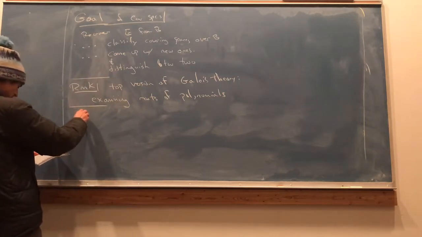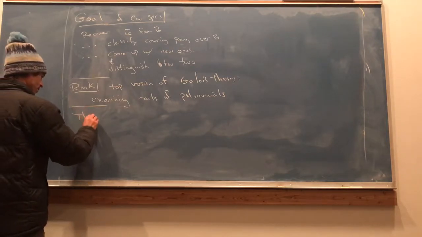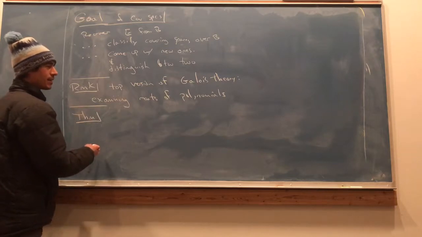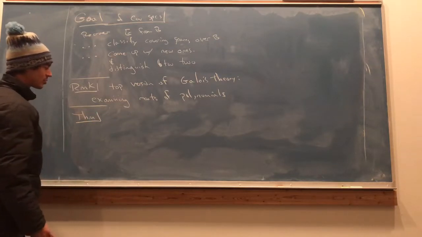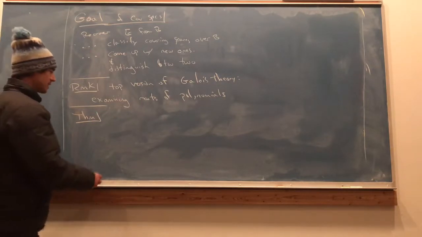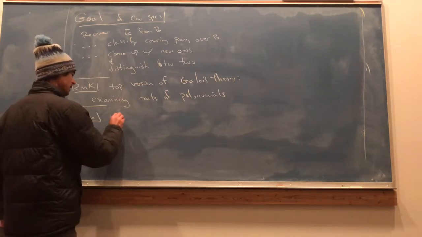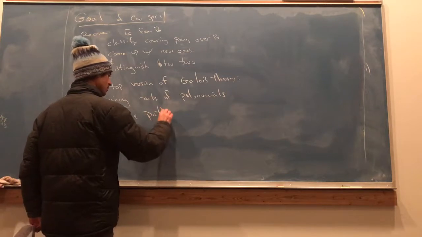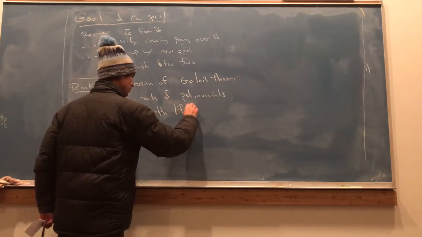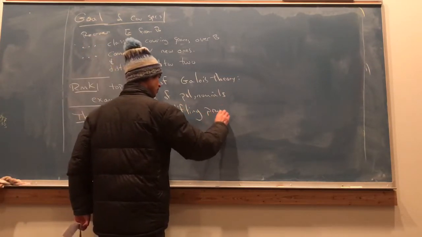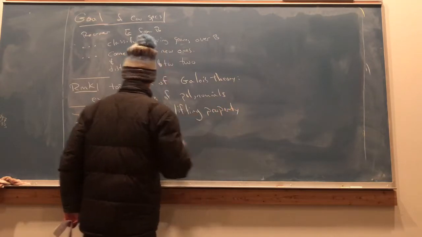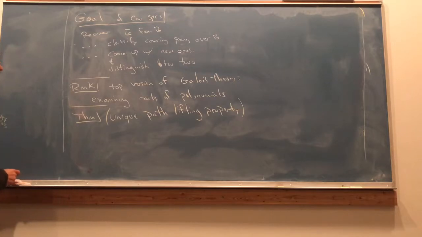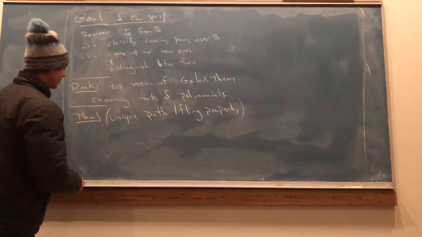So there's a main result, a theorem. I'll state it here in a simple case and then establish it again in a more general case. It's the unique path lifting property. And it's on this that all these classifications rely.